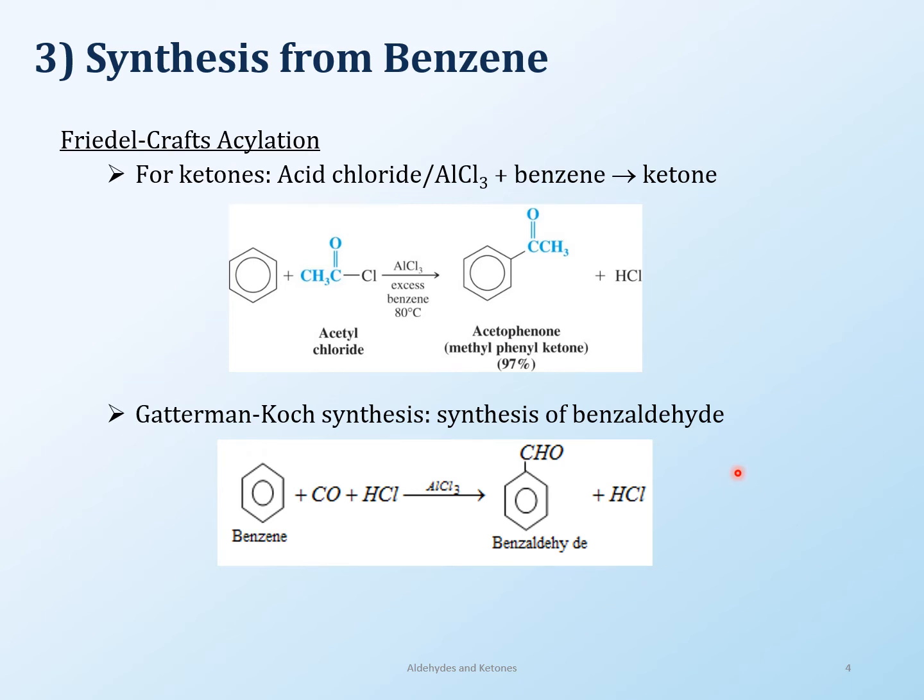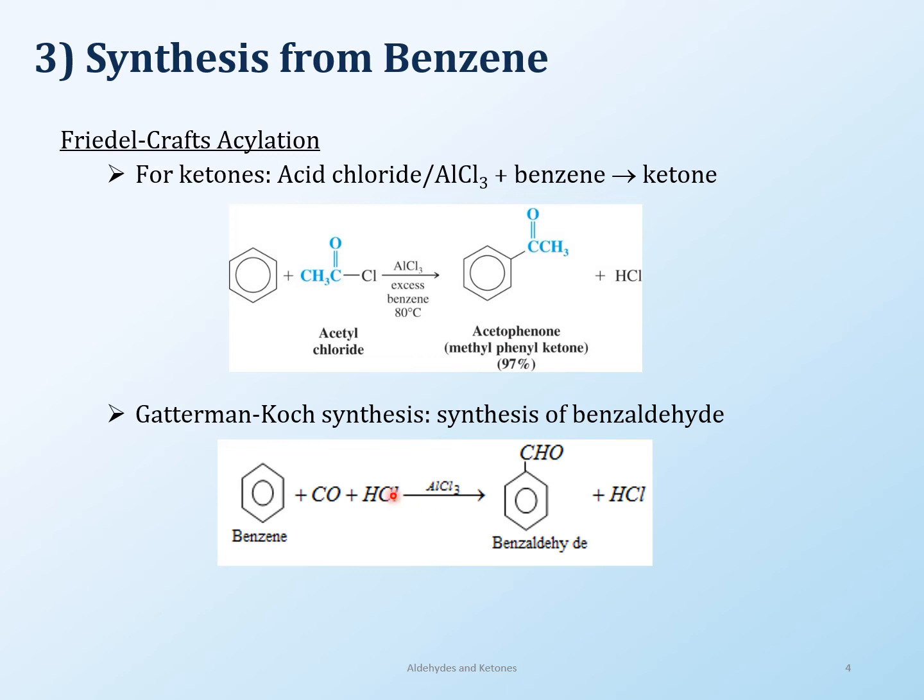To make aldehydes, so for example, to make benzaldehyde, we use what is called the Gattermann-Koch synthesis, and the Gattermann-Koch synthesis involves the same kind of thing, which means you still have an acyl chloride, except that the acyl chloride you're generating is coming from carbon monoxide and HCl. So you end up getting something like HCOCl, all right, except that you don't write it like that because it's generated in situ.